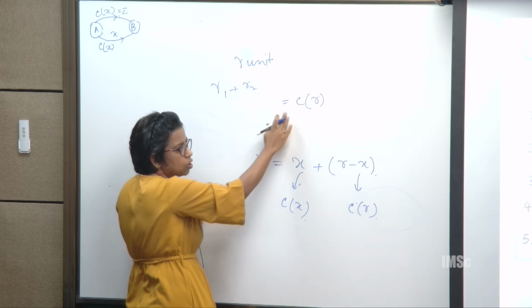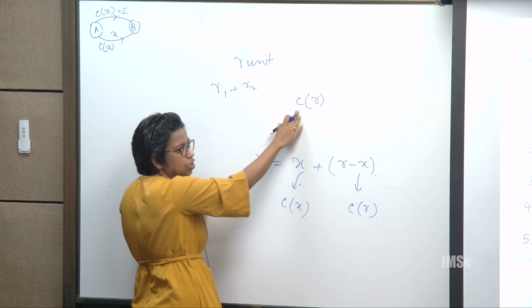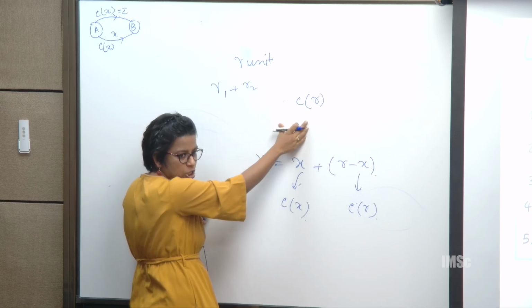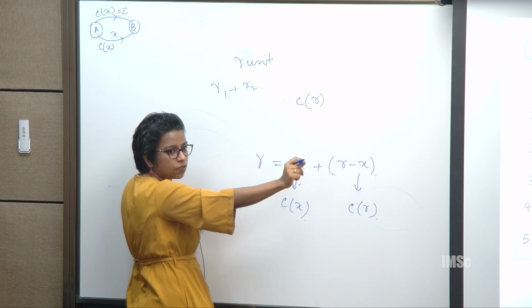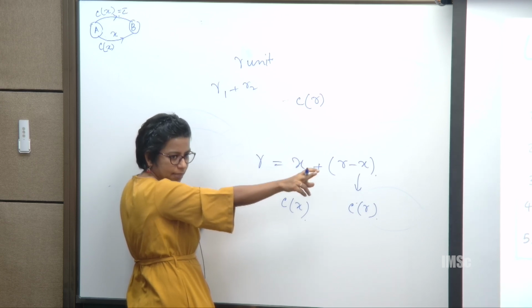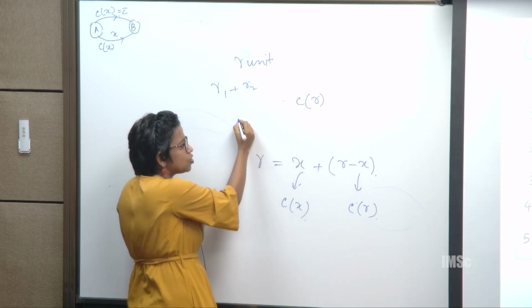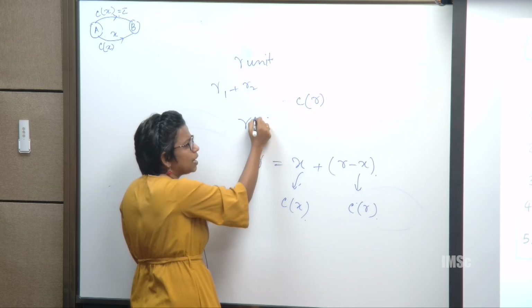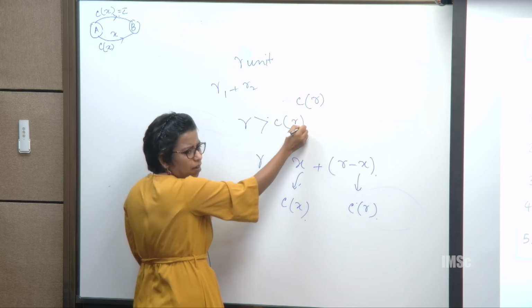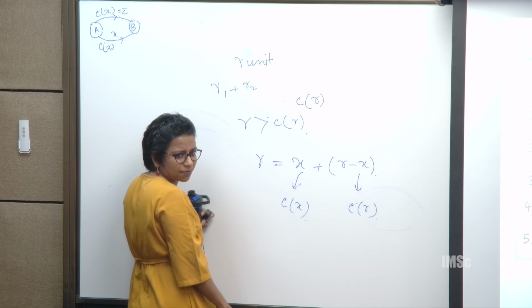But to answer your question, if I am actually going to send R units of flow, the bottom edge will also incur a cost of C of R. That is what this is saying. It does not make sense to say that the value of C of R is somehow strictly less than R. Maybe it is good to write that C of x is always less than C of r.